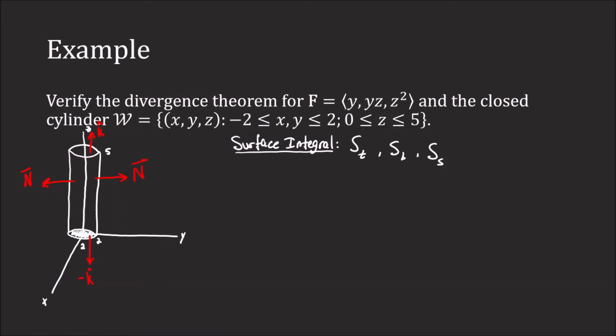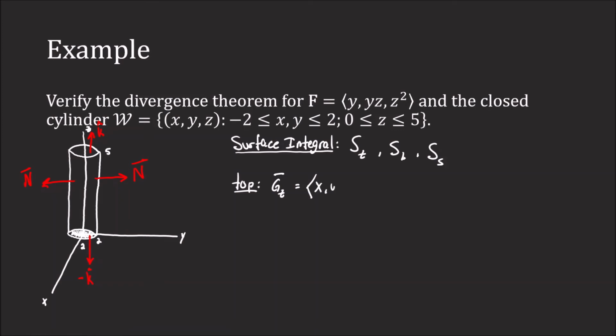We will evaluate each of these three individually, starting with the top. We will use this parameterization here, g of t. Right, so we're looking here. Well, this is a circle. Right, so in our parameterization, we're going to have x and y, right? But z is fixed.